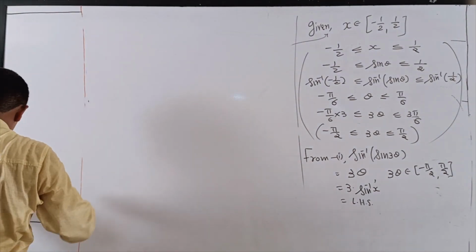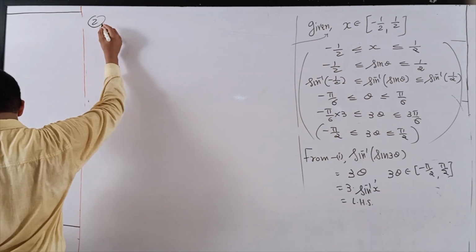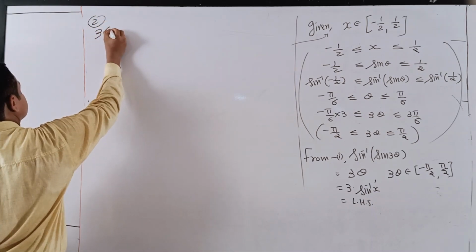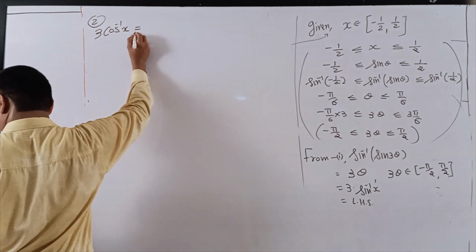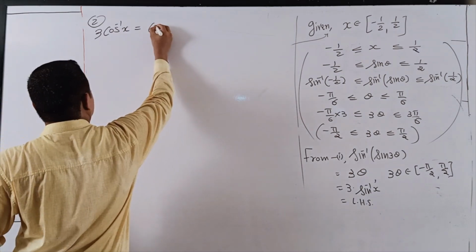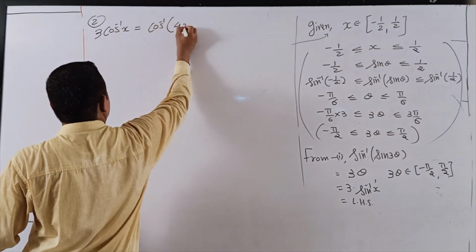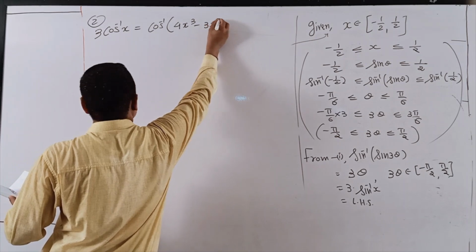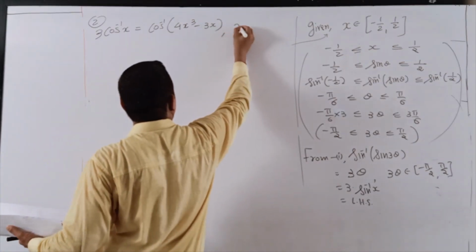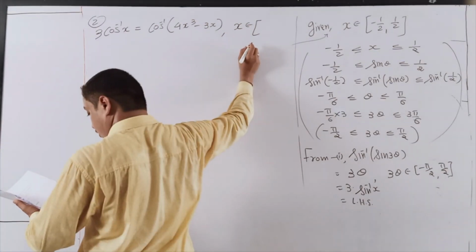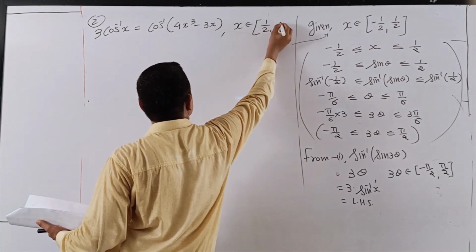Continue with question 2. 3 times cos inverse x is equal to cos inverse of 4x cubed minus 3x, where x belongs to the condition given, half to 1.